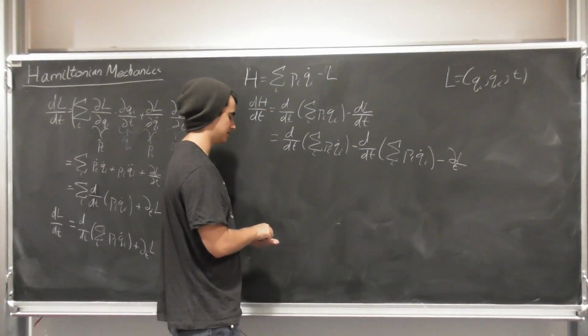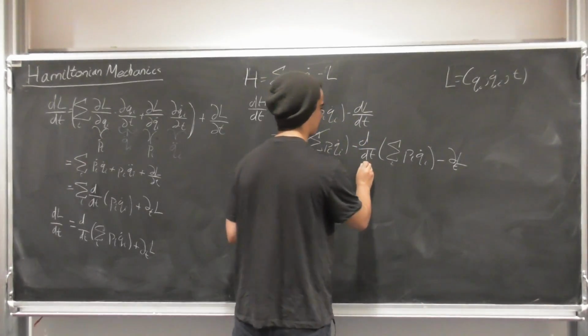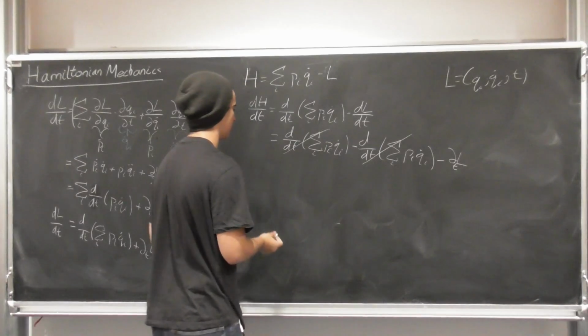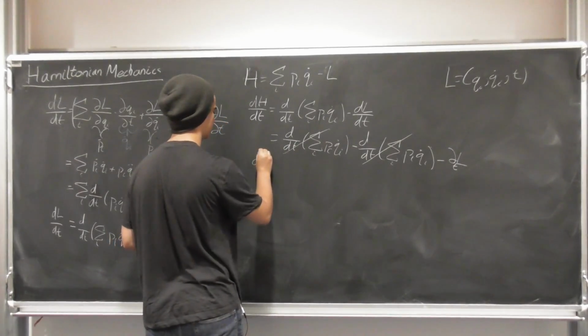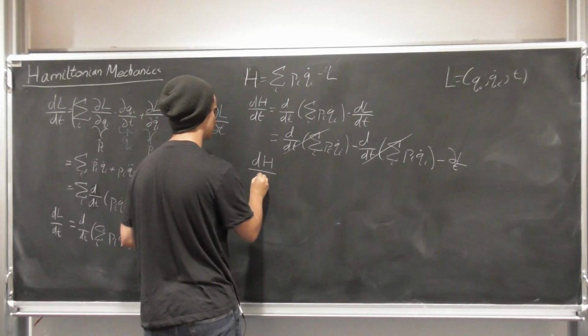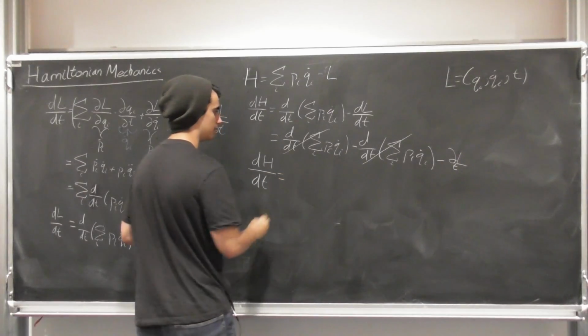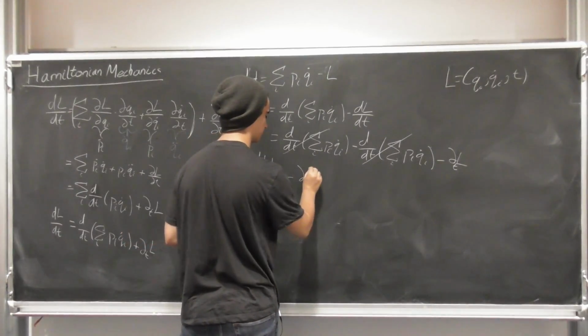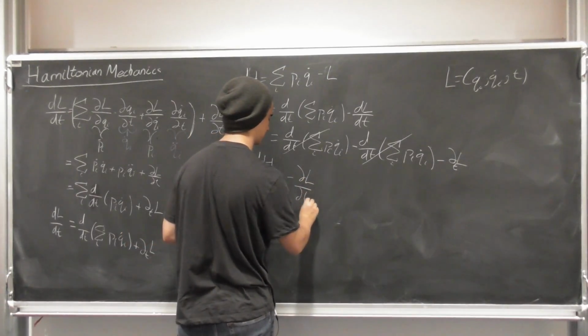Okay, and we can clearly see that this term and this term will cancel out. And so we'll find that the derivative of the Hamiltonian with respect to time is equal to minus the partial derivative of the Lagrangian with respect to time.